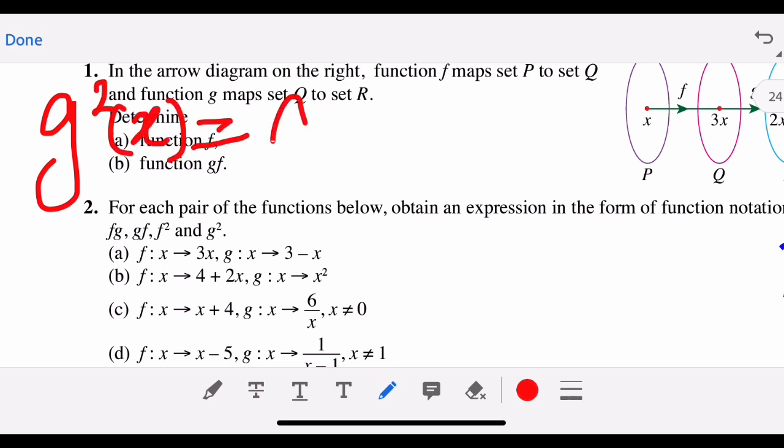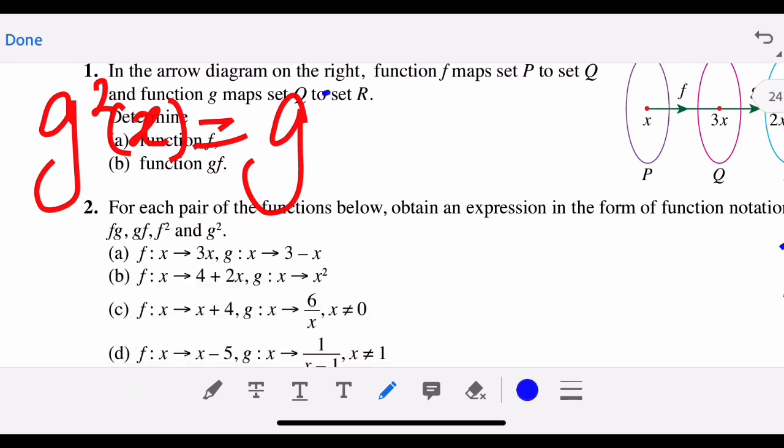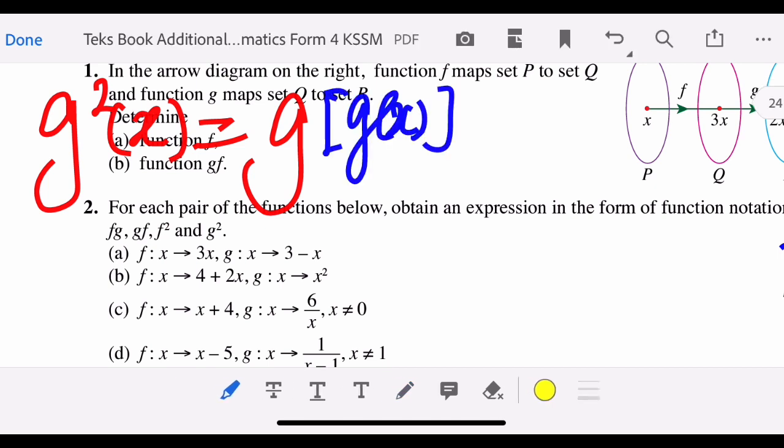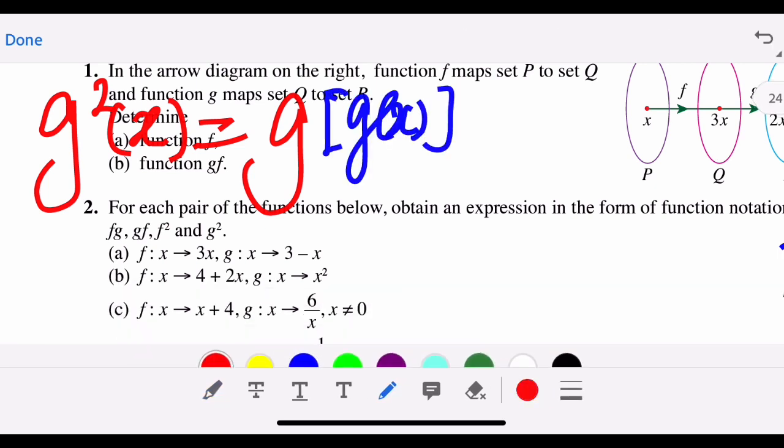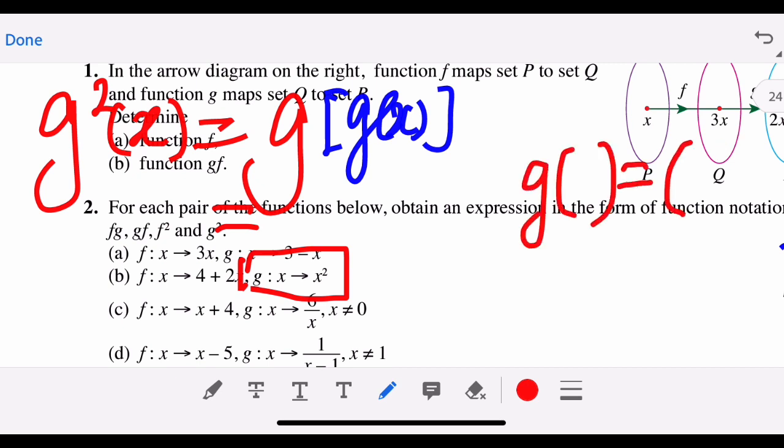It means that the function is g, and then the object is g(x), right? So now we have to refer to g(x). We copy down g(x) is equal to x squared.